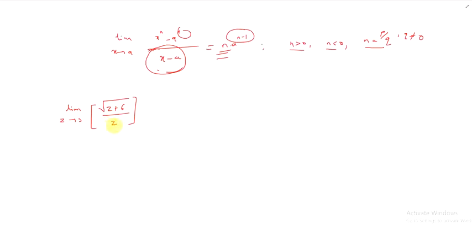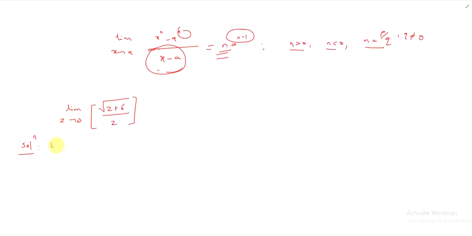Our denominator is z, and if we substitute z equal to minus 3 directly, it will not affect our answer, so we can directly use the limit. The question is to evaluate the limit of the given function.